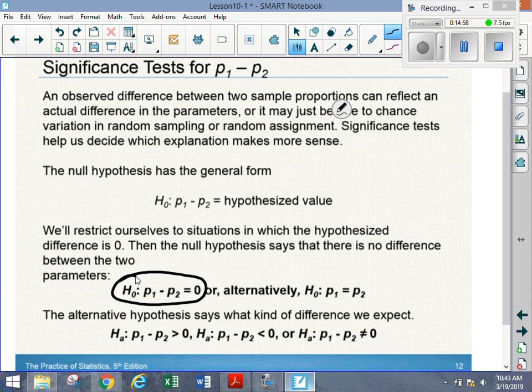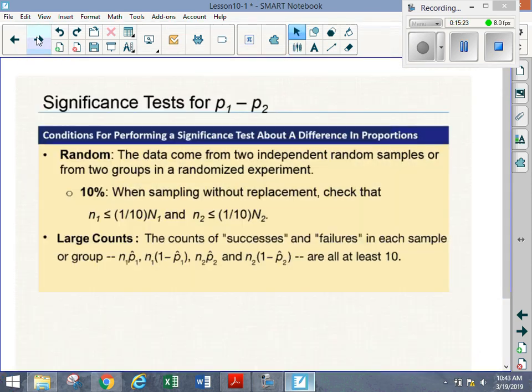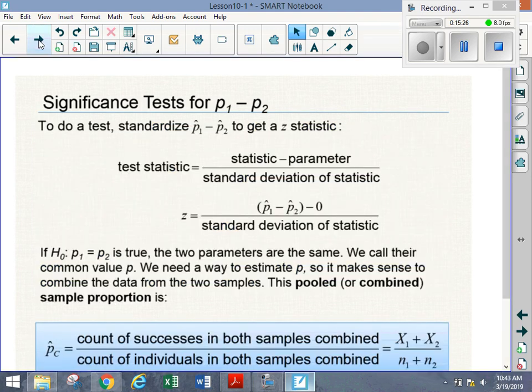So you can use the null hypothesis that they're the same, right? But if they are the same, then their difference must be 0, right? And I think it just works so much better once you plug it into a formula to get a test statistic. If you use that, then this is always 0, and you don't ever have to think.